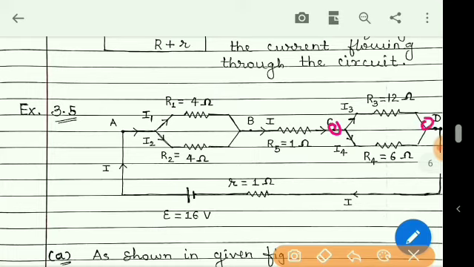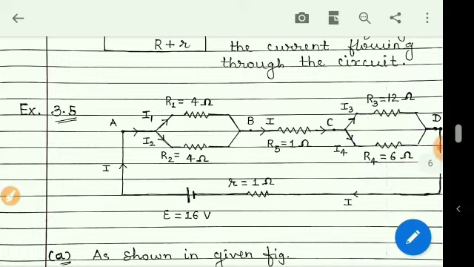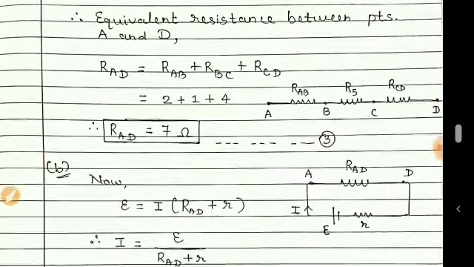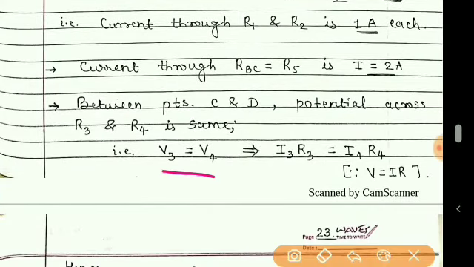The potential across this resistor will be equal to the potential across this resistor, because these two resistors are across these 2 points only. So the same potential will be obtained across R3 as well as R4. So we can say that the potential is the same.